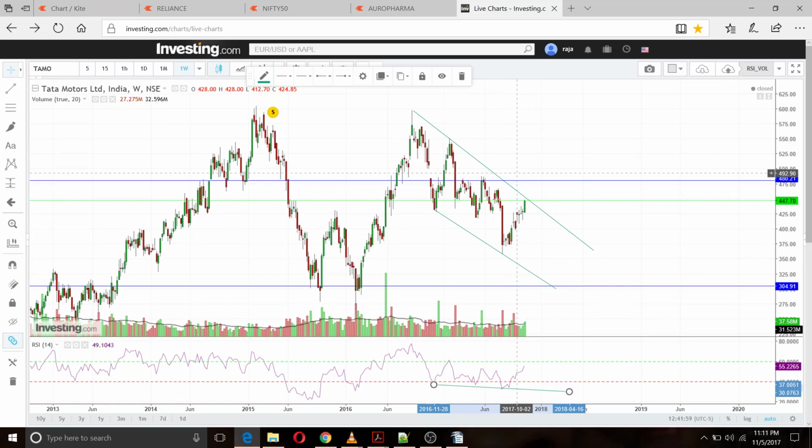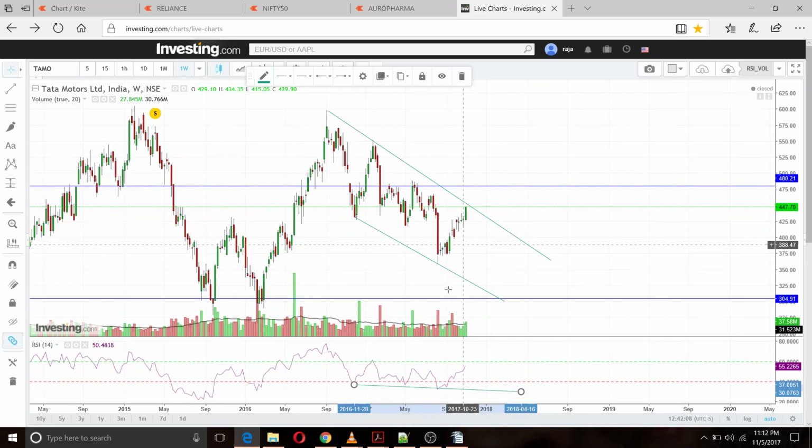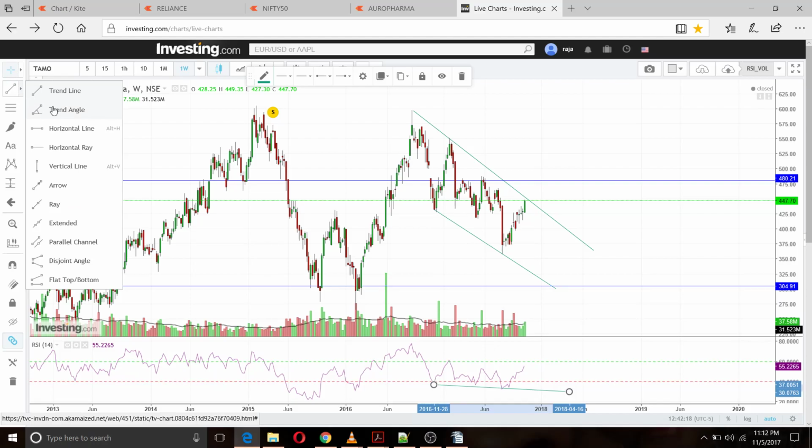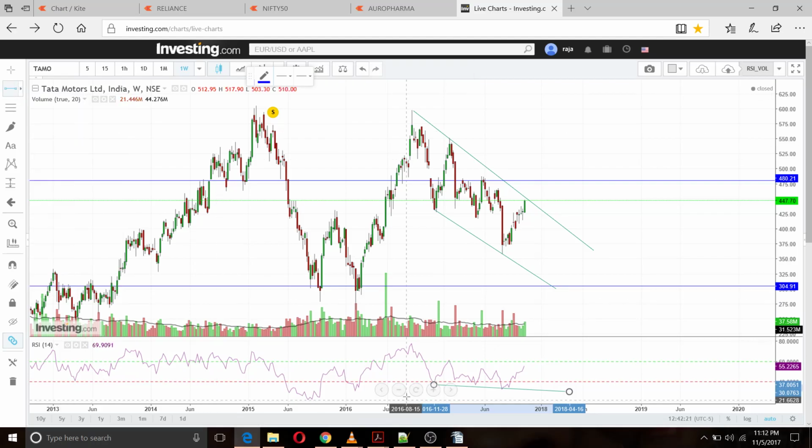But what should we do now? This is a typical flag pattern bounded by two channels. Now RSI, if I see, let me draw one horizontal line.